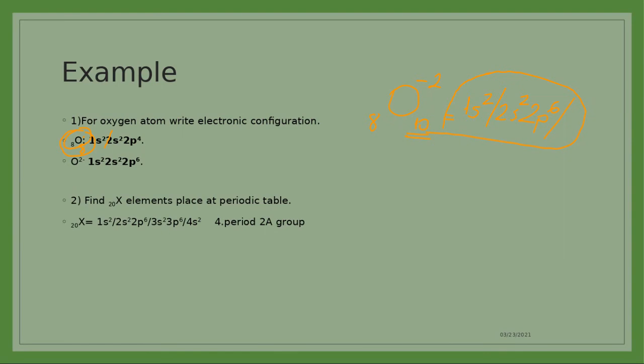Here, to find where these elements are placed in the periodic table, how can we find it? We use the groups and the periods, where we look at the element's electronic configuration. For example, for X, there are 20 protons, because the charge is 0, that means the electron number is the same.